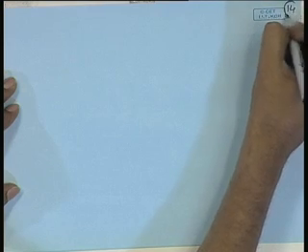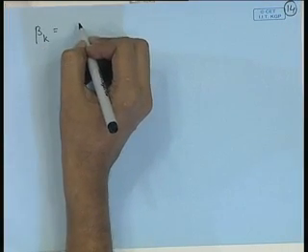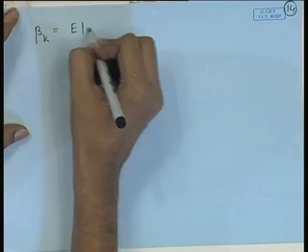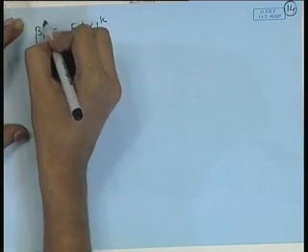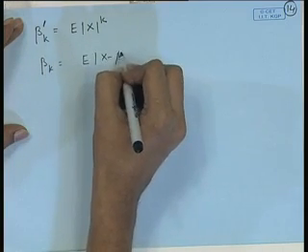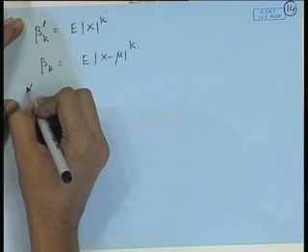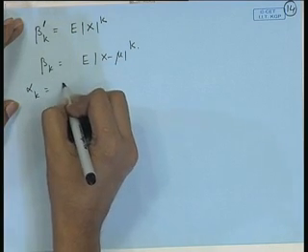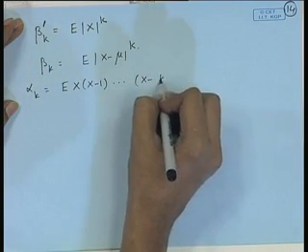We also define absolute moment. So the kth absolute moment is defined as the expectation of modulus x to the power k. We also consider beta k equal to the expectation of modulus x minus mu to the power k. We also define what are known as factorial moments, the expectation of x into x minus 1 up to x minus k plus 1.